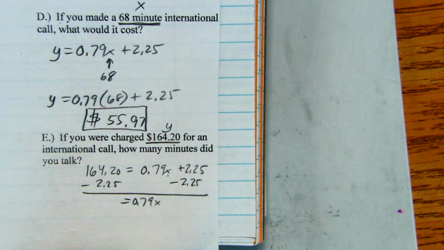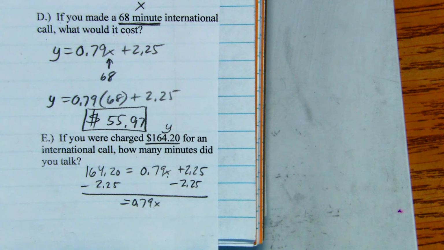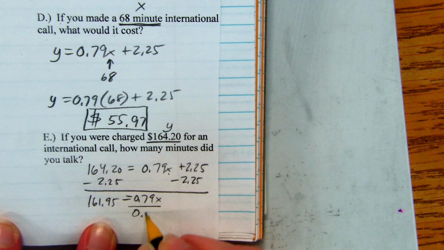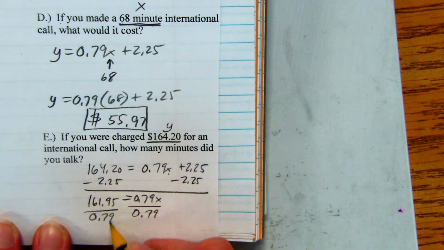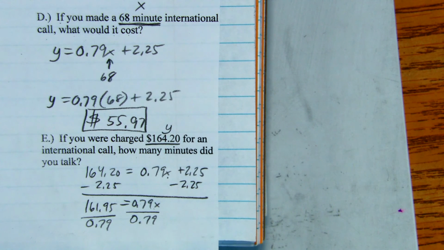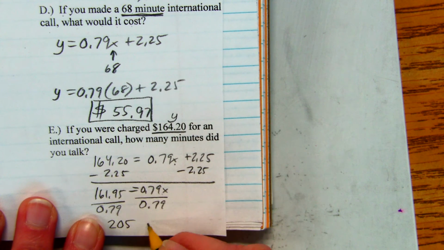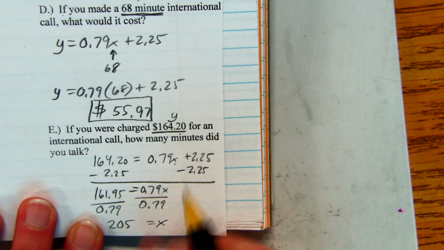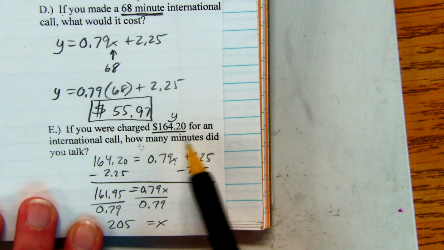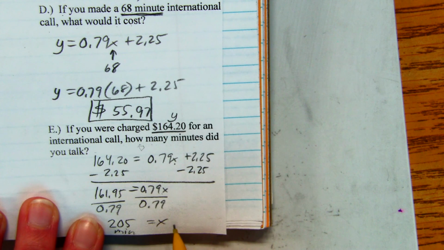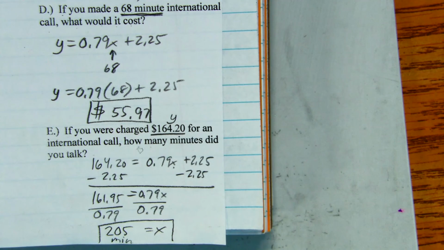I've got to calculate really quick because of my beepy calculator. 161.95. Good. And then we divide by 0.79, and we get 205 for X. And remember, they're asking how many minutes did you talk? So this is your minutes. That's a really long phone call.